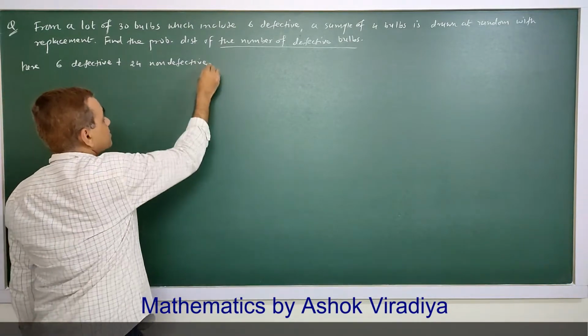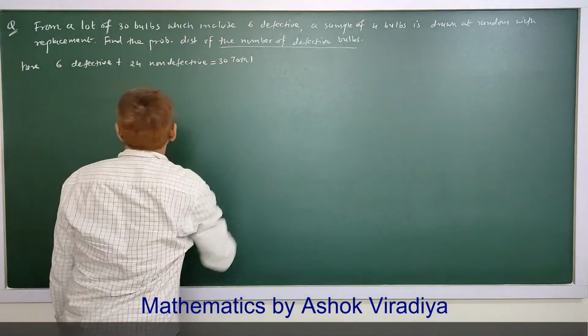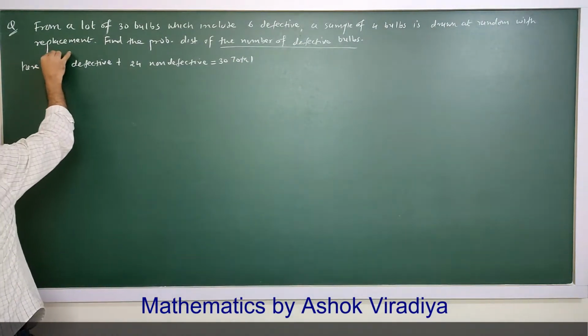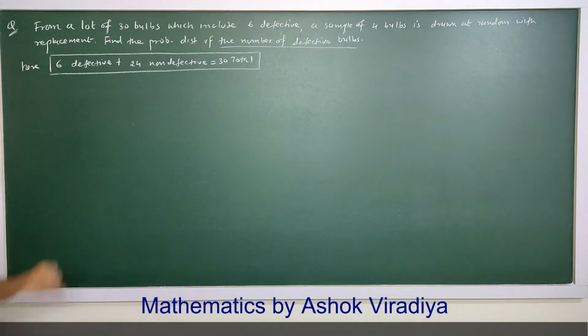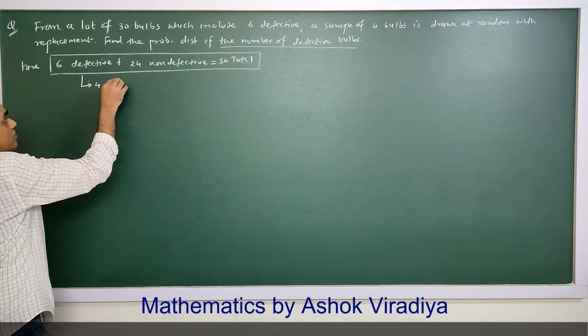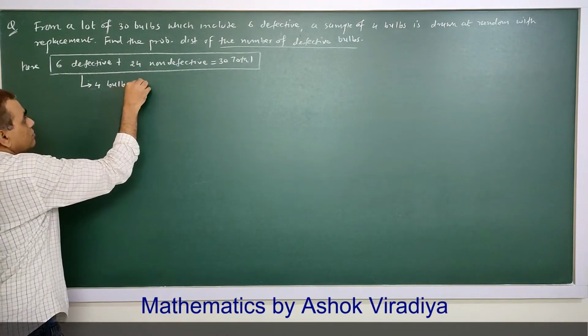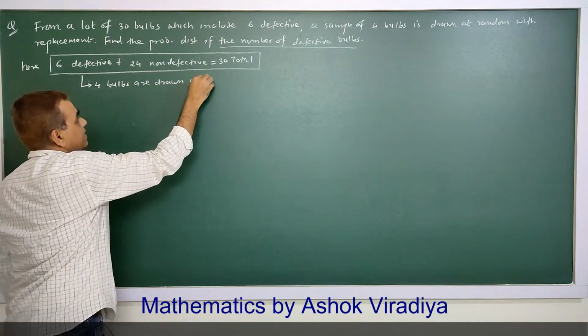That is total 30 bulbs. So the lot contains a total of 30 bulbs, and from this, 4 bulbs are drawn with replacement.